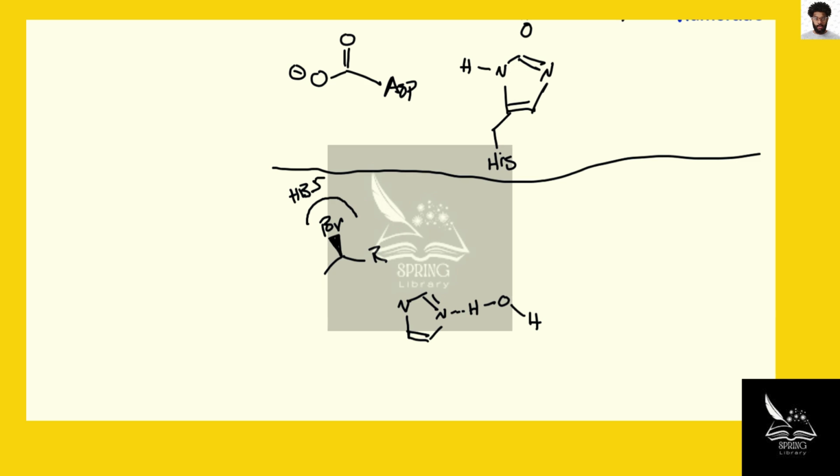And the histidine will also be holding the oxoanion portion of our aspartate, again, through hydrogen bonding, right? We know that this nitrogen has a hydrogen, and that will be hydrogen bonding to our aspartate, like so.